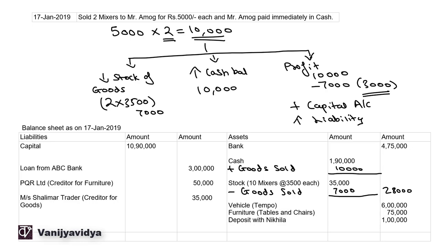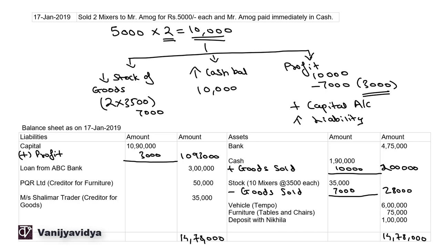Now your cash balance is 2 lakhs. Then profit of 3,000. So we have to add profit 3,000. 10,93,000. So your total of liabilities is 14,78,000, and asset side also 14,78,000. Now let's move on to next transaction.